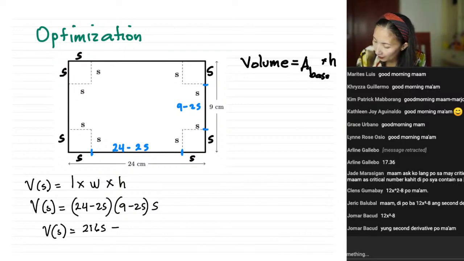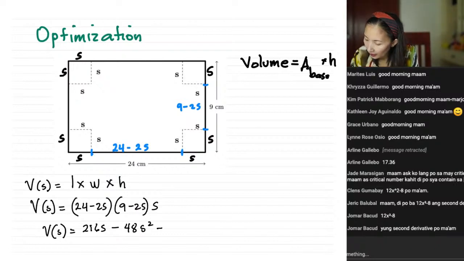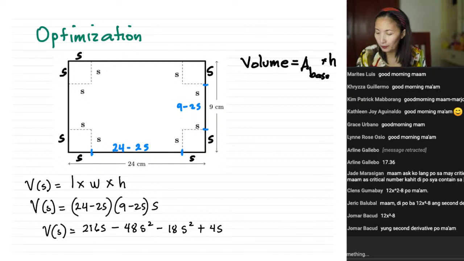Minus 24 times 2S is negative 48s squared, minus 18s squared, plus 4s cubed.